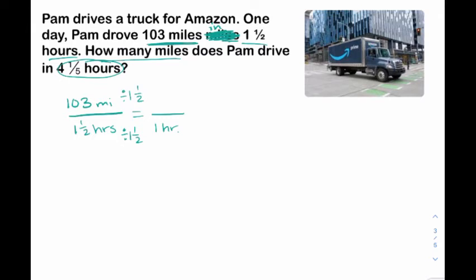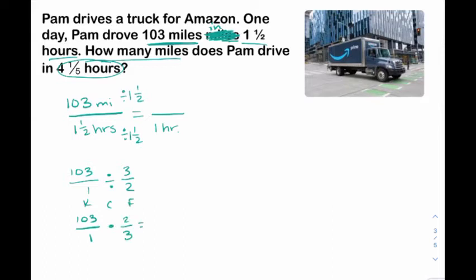And to divide 103 divided by 1.5, I first need to put both numbers into improper fractions. So I'm going to take 103 over 1 divided by 3/2. I'm going to keep my 103 over 1, change division to multiplication, and flip 3/2 to 2/3.